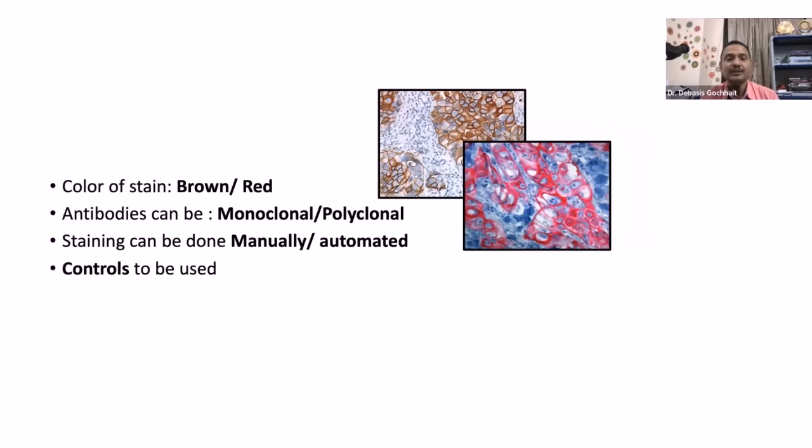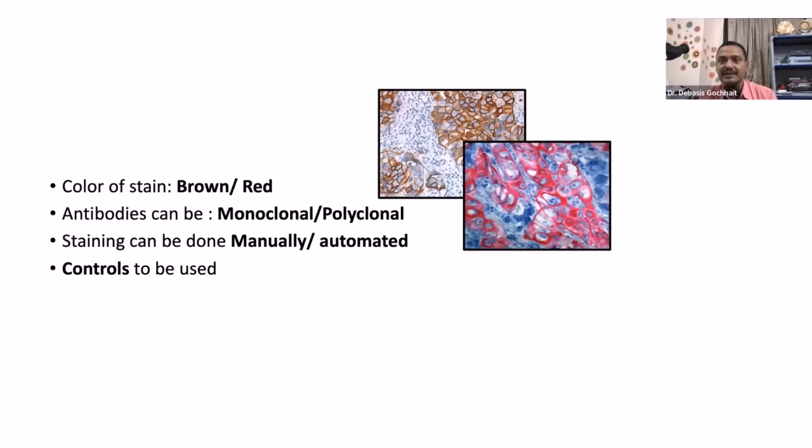The other important point is that controls are to be used. Now you can ask me, what is a control? A control is a kind of tissue that we take in order to see whether our test is true positive or true negative. For example, suppose I have a tissue that is a melanoma tissue. Now I want to compare the same tissue with another tumor, and both are stained with melanin.